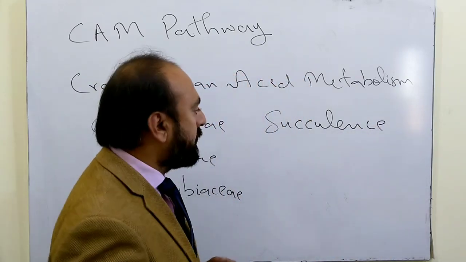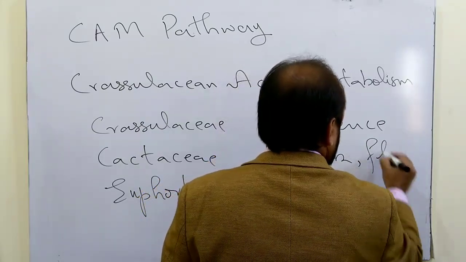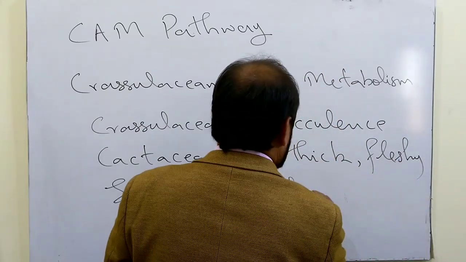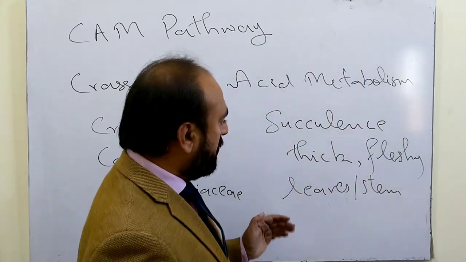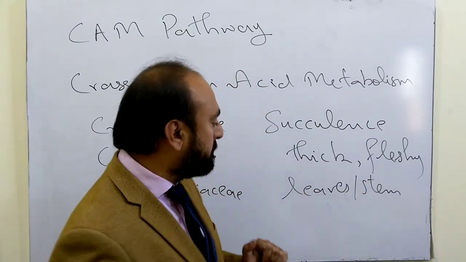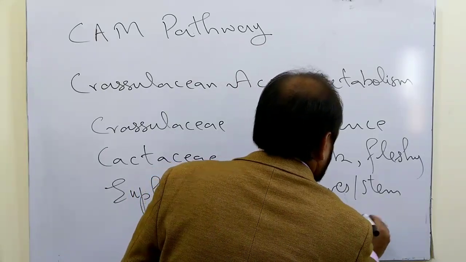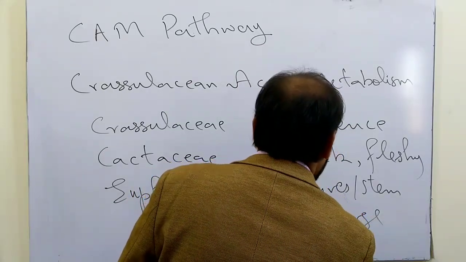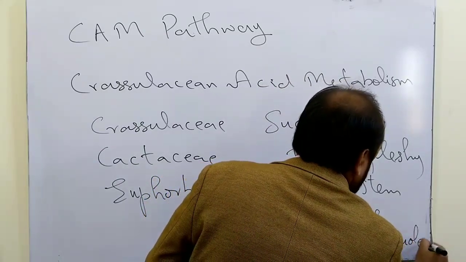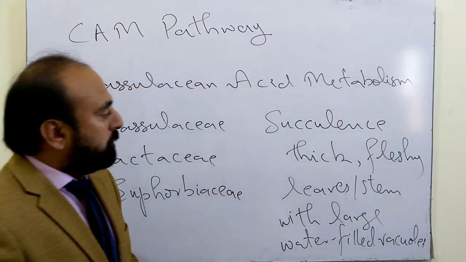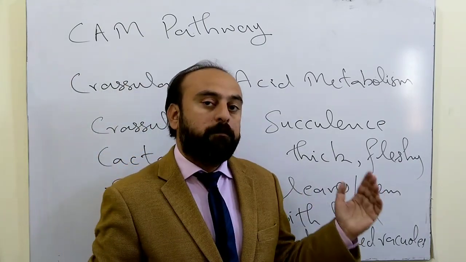They don't have specialized Kranz anatomy, but they have thick fleshy leaves or stems in case of cactus, which have thick fleshy photosynthetic stems with large central water-filled vacuoles. So CAM plants exhibit succulence, but it doesn't mean that all succulent plants are CAM.